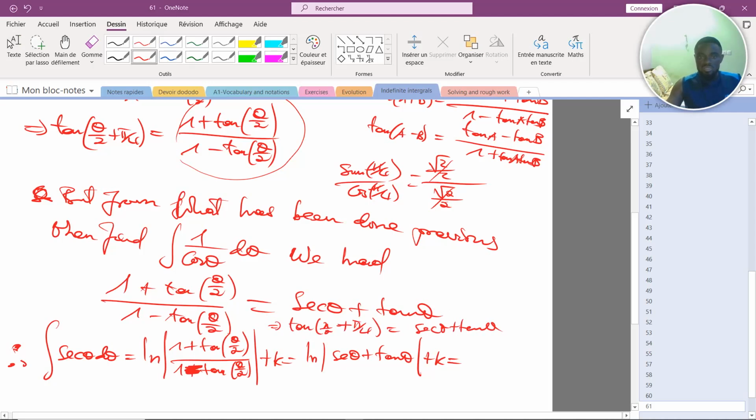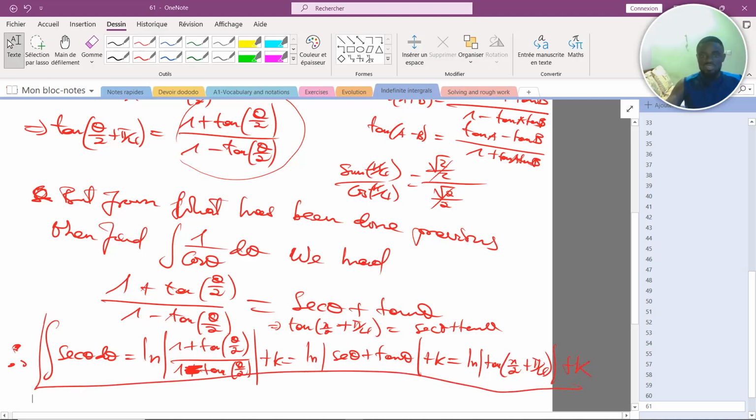So this integral is equal to this plus the constant, which is still equal to ln of the absolute value of tan(x/2 + π/4) plus our constant of integration.